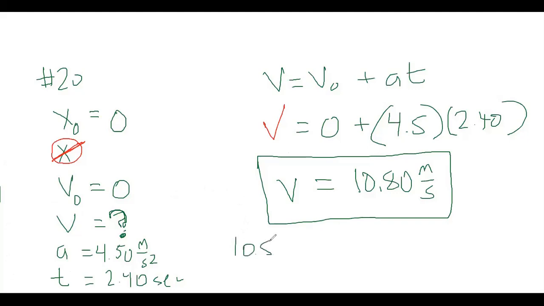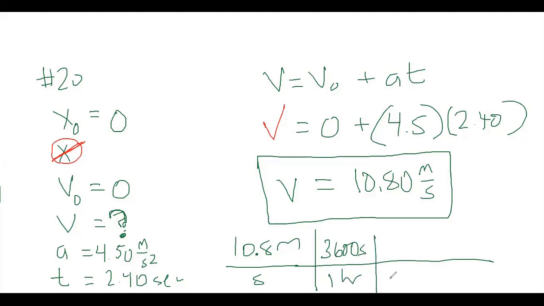So we have 10.8 meters per second. We'll just change it into miles per hour. So 3,600 seconds, 1 hour, 1,609 meters are in 1 mile. Bet you didn't know that. So we can find here 22.37.